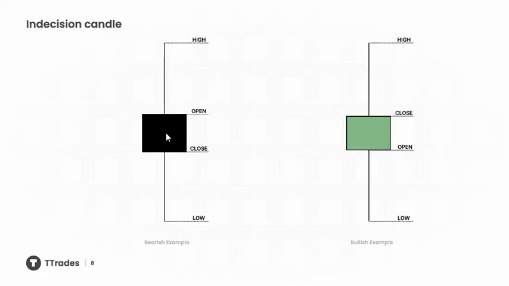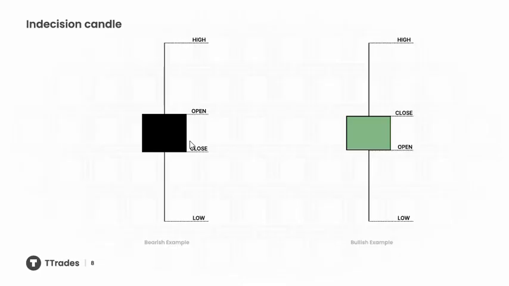So it opens right here, and it makes that high. It takes a long time to make the high. It comes back and it takes another long time to make the low, and then closes in the middle, almost at the same place that it opened. So this specific candle did not show where the market is actually going. It was neither a reversal candle nor a directional candle.